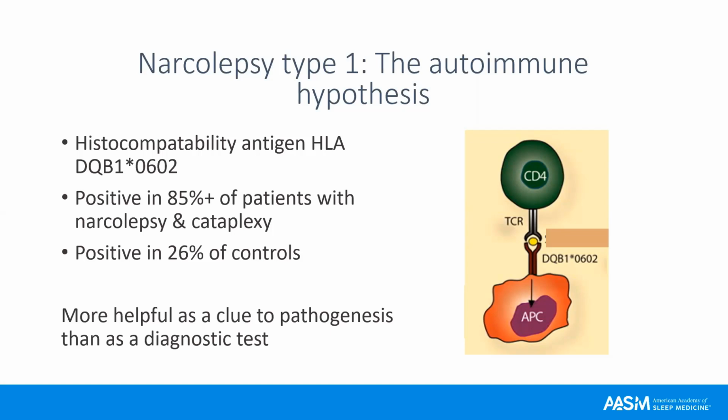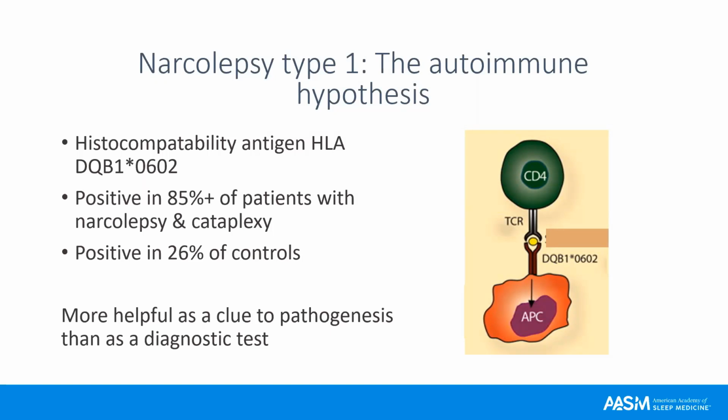The slide says it's positive in 85% plus of patients with narcolepsy and cataplexy. To some extent, that's due to the difficulty in diagnosing cataplexy. If you look for people with narcolepsy and hypocretin deficiency, about 97, 98% of them are also positive for this DQB1*0602. So it is almost mandatory to have this HLA in order to have narcolepsy type 1.